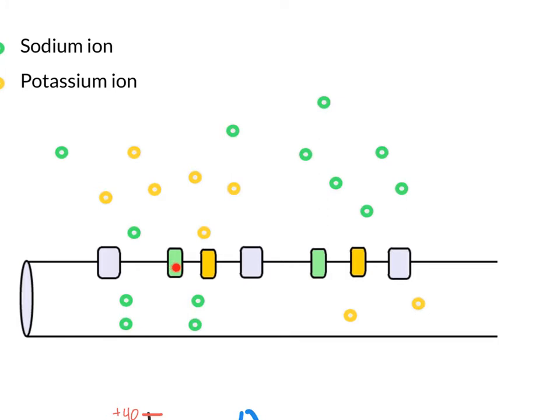So both the sodium and the potassium channels are now closed. There is this issue where we have a lot of sodium ions on the inside and the potassium ions on the outside. We have to fix this, and that's where these sodium-potassium pumps come into play.